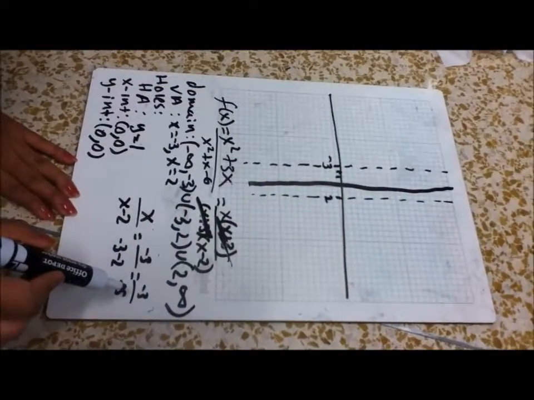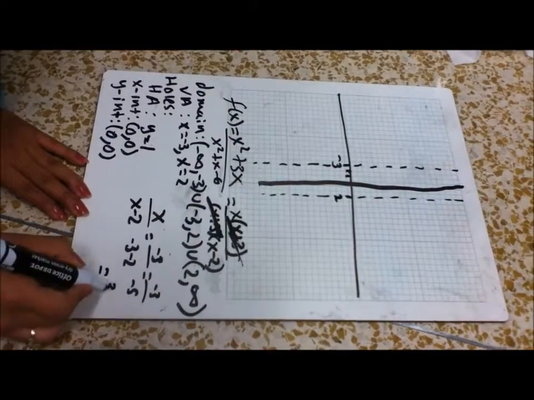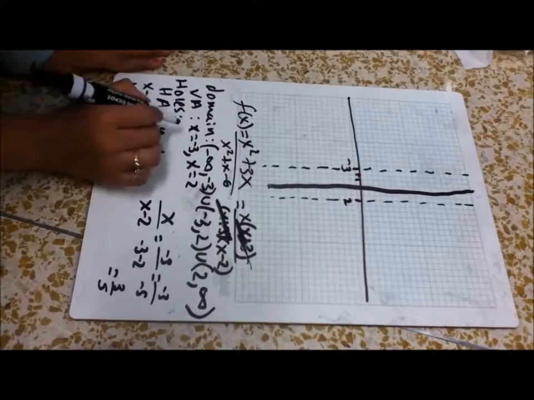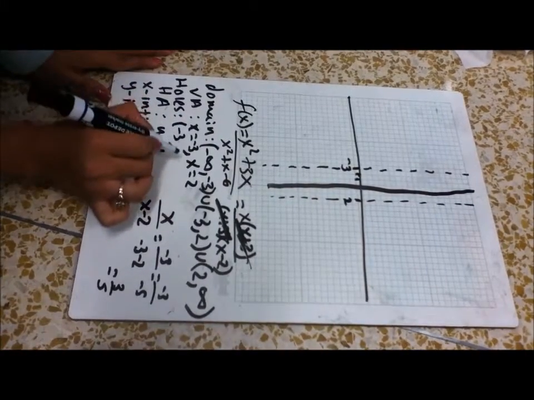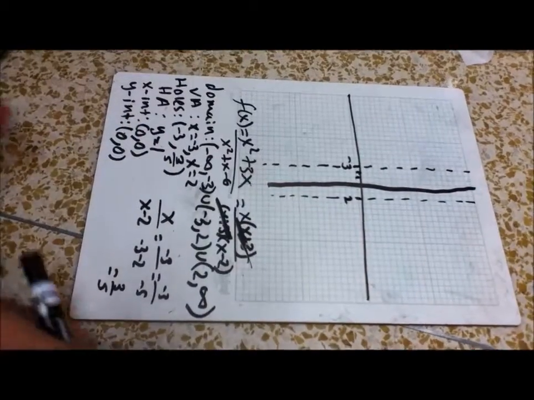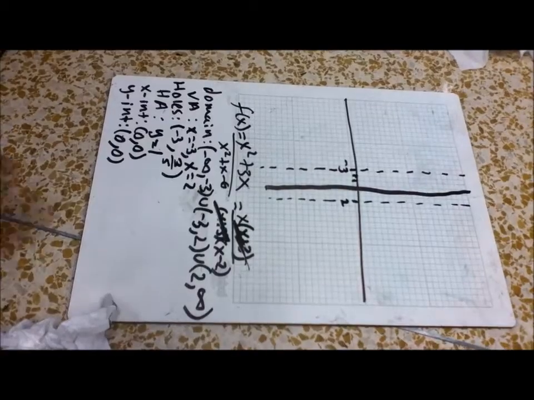And since we're dividing a negative by a negative, it's going to become a positive, so it's 3/5. So our hole is going to be found at negative 3, 3/5. That's where there's not going to be a point crossing.